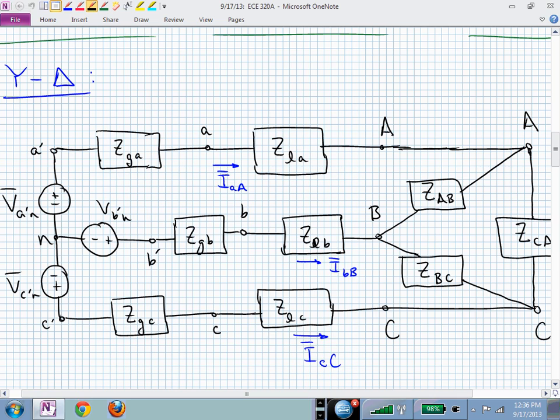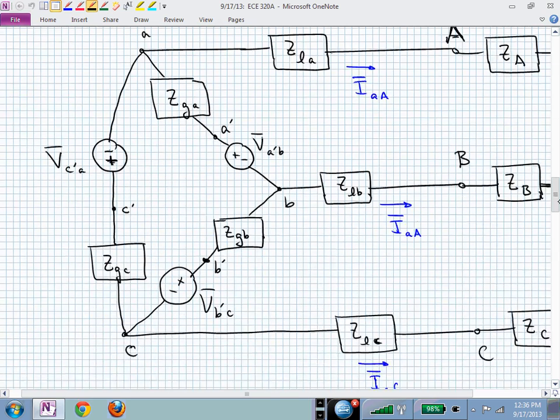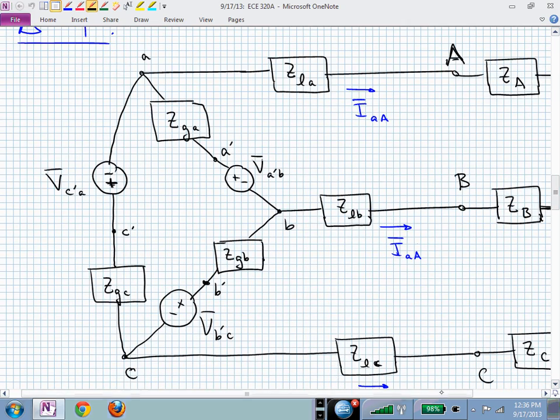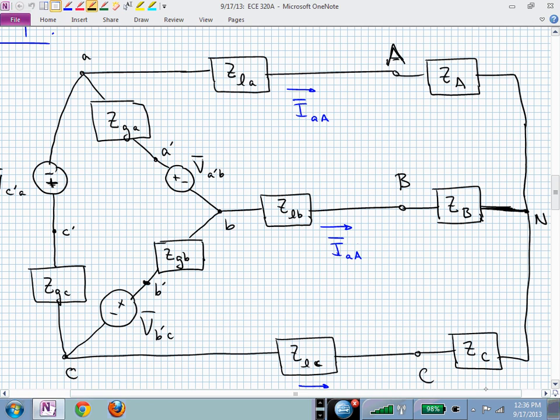As I said, I may not give you enough time to copy these down, and you could just quickly sketch the idea, hopefully. Here is a delta-Y configuration. Hopefully I haven't left out any of the pieces. We have our generator impedances. Our sources are now interconnected in a delta configuration.